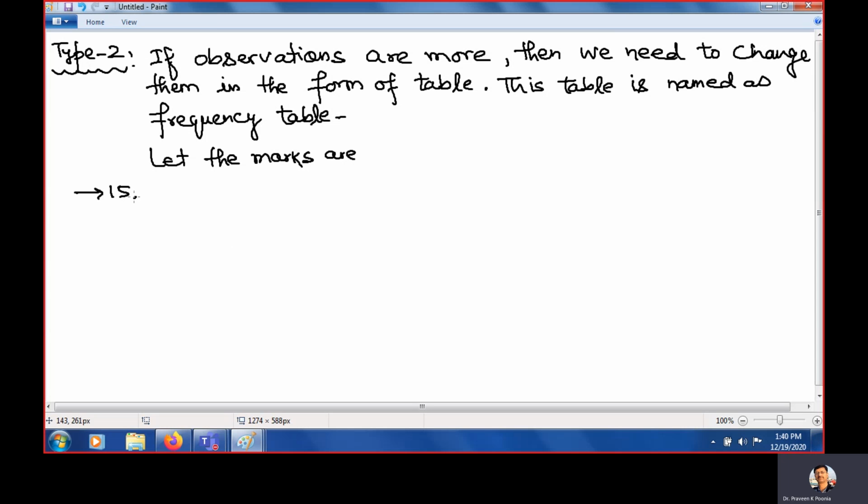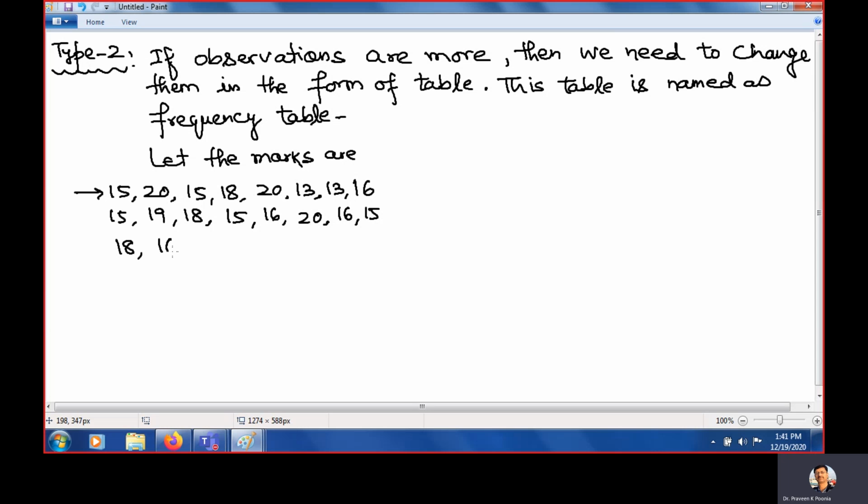We are writing here 15, 20, 15, 18, 20, 13, 13, 16, 15, 19, 18, 15, 16, 20, 16, 15, 18, 16, 14 and 13. These are the marks of students.